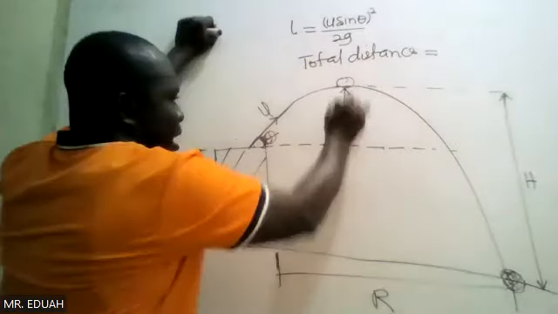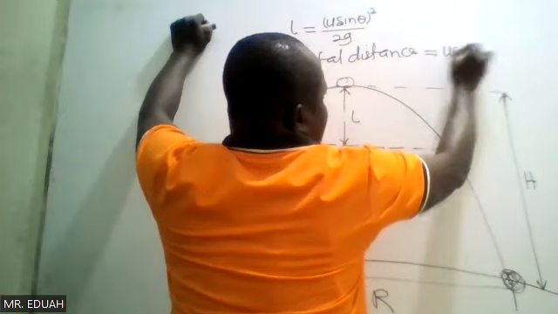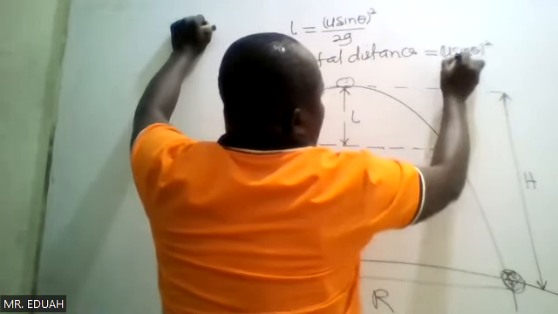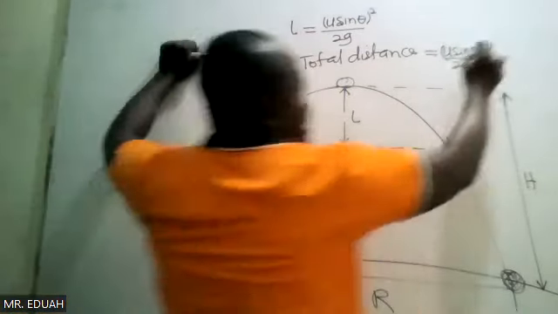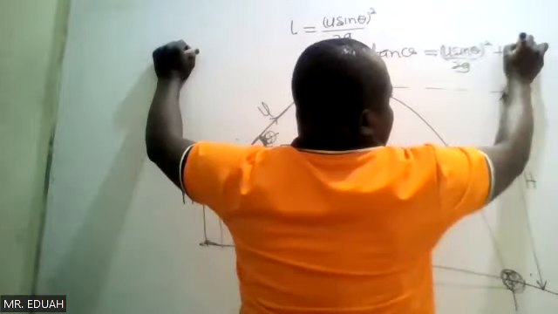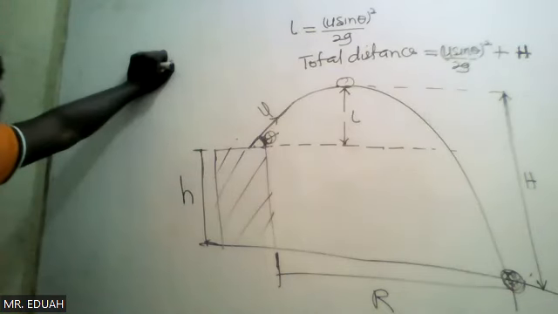So if I know L, which is u sine theta squared over 2g, this plus this total height h would give me the maximum height.